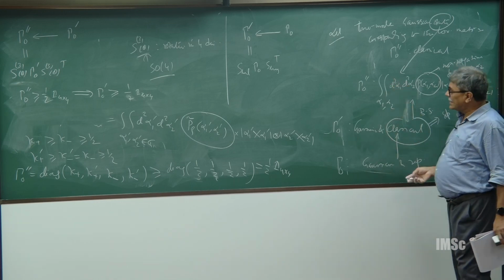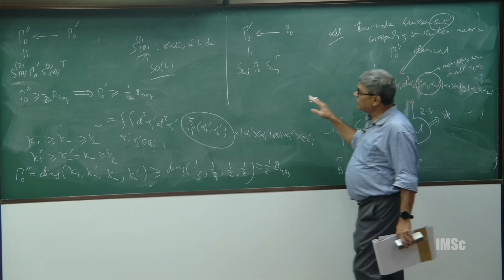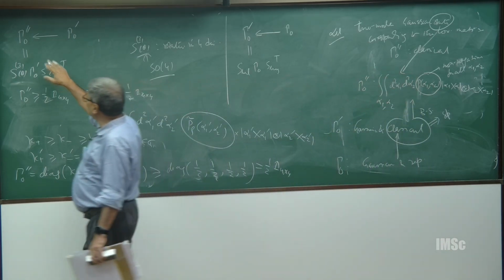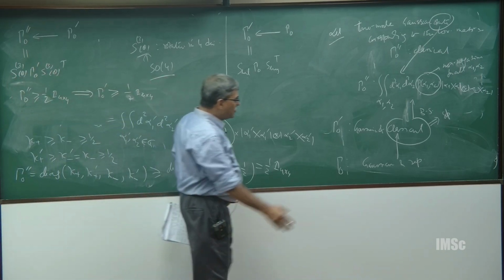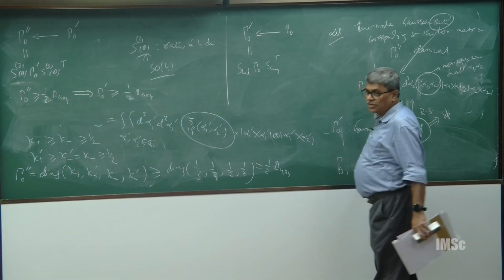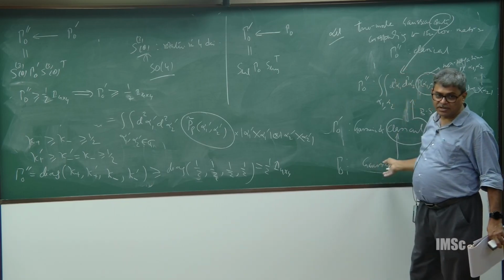Therefore, if this final one corresponds to a classical Gaussian state, the original one should also correspond to a Gaussian separable state, right.